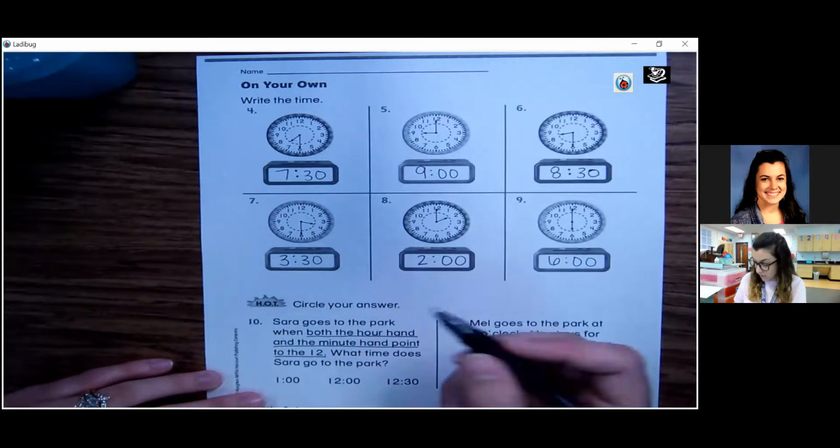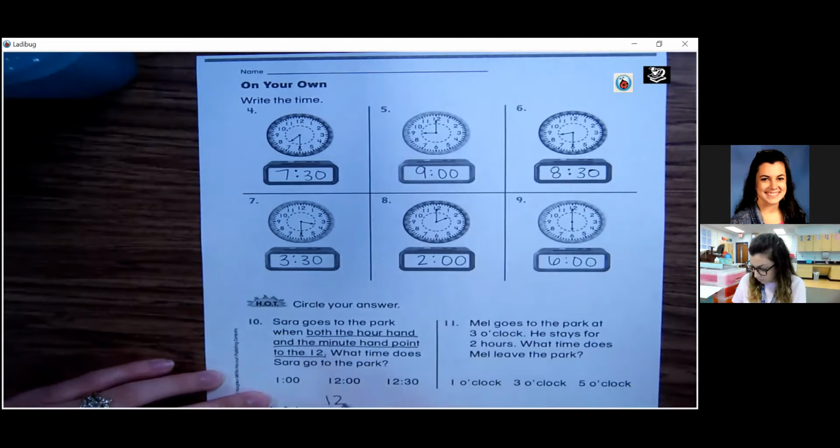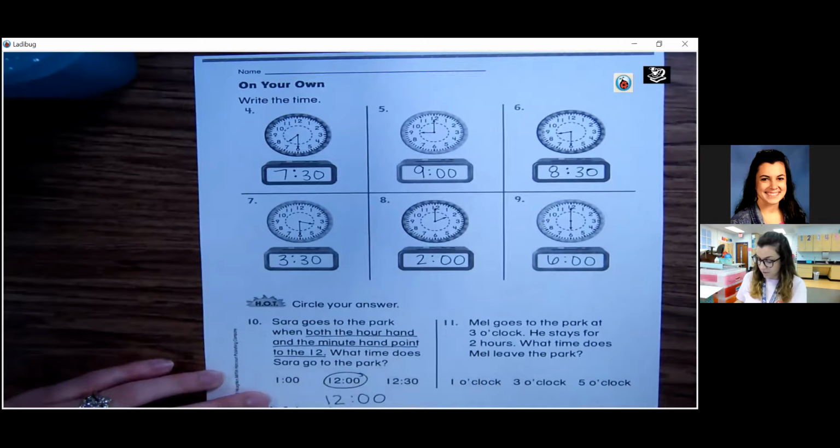The hour hand pointing to the 12 means that it will be 12. If the minute hand is pointing to the 12, that means we're telling time to the hour. So she goes to the park at 12 o'clock. If the minute hand was pointing at the 6, she would go to the park at 12:30.